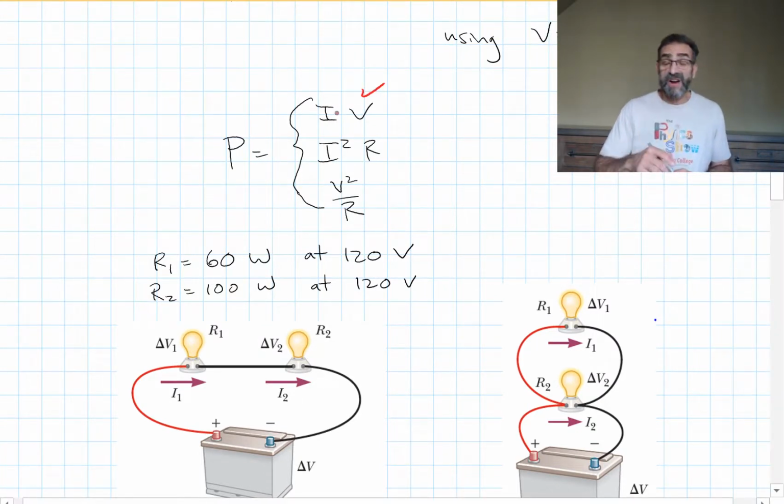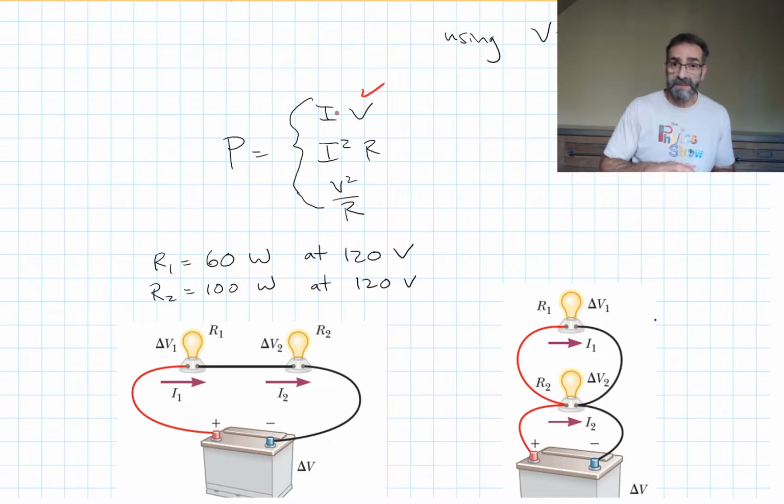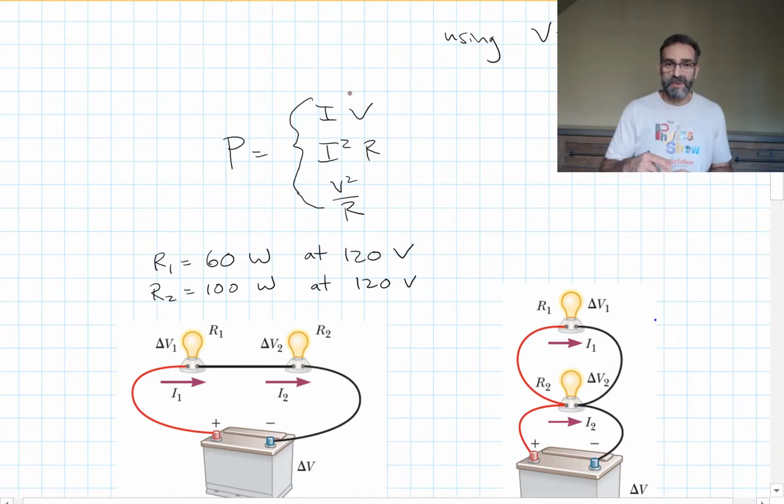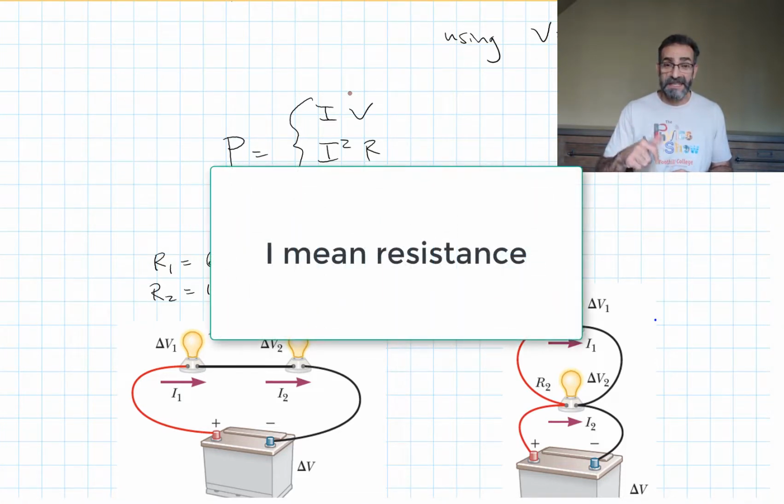So the current drawn has to be greater for the one that's producing more power. That means it has to have a smaller resistance to get more current from the same voltage. So the bigger the current it draws with the same voltage, the more powerful it's going to be. Our 100 watt light bulb has to have a smaller resistor to get more power output.